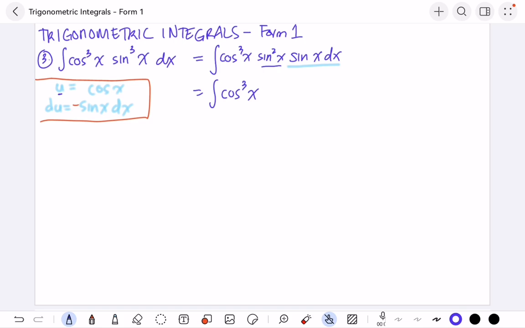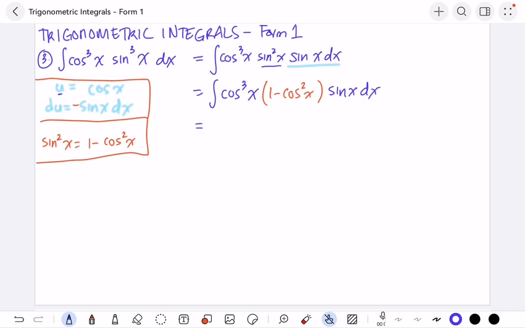And we know that sine square x is equal to 1 minus cosine square x by the Pythagorean identity. So I will replace sine square x with 1 minus cosine square x. That's it. And copying sine x dx, this was what I reserved a while ago.